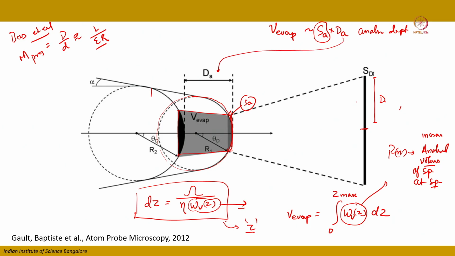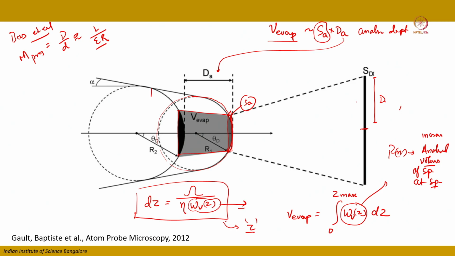The size of the region of specimen surface lying within the field of view is called SA, and we can say that the volume of evaporation can be assumed to be SA into dA.